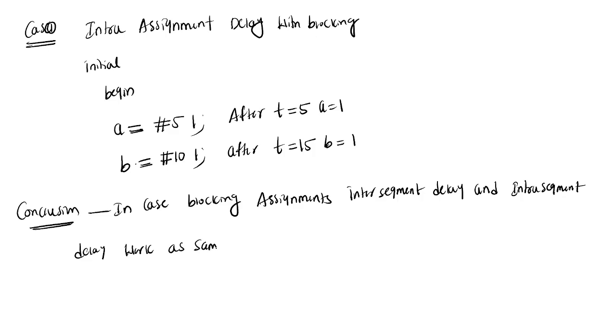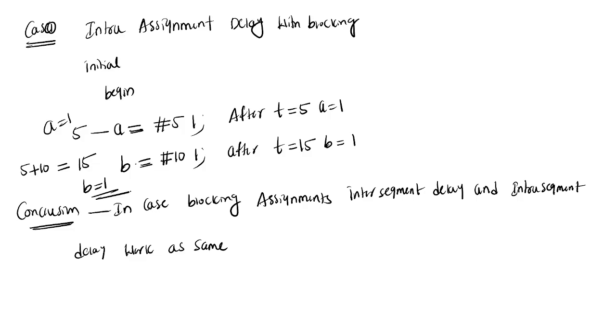Why? Because in the blocking case, in both inter segment and intra segment delay, the time units are added. At t equal to 5 time units, the value is updated and A becomes 1, and after 5 plus 10, that is 15 time units, B becomes 1. Is it fine?